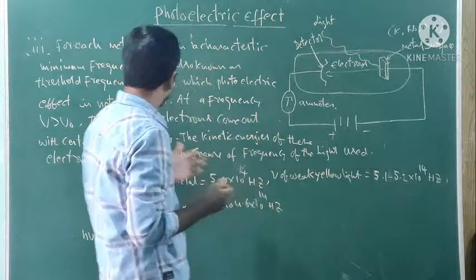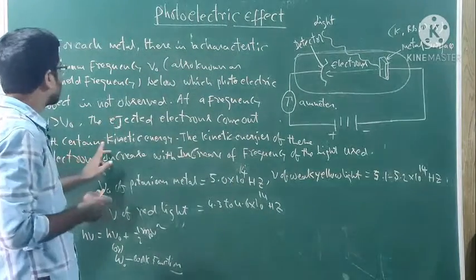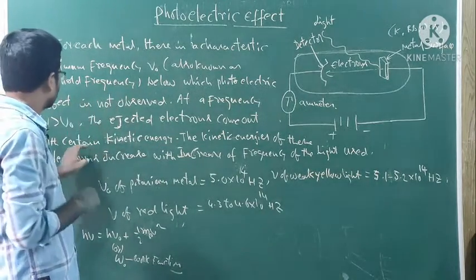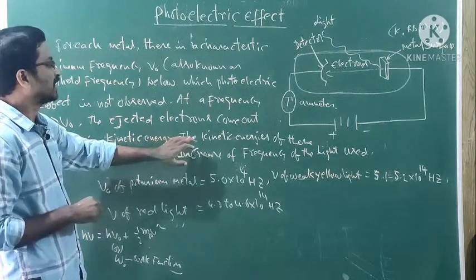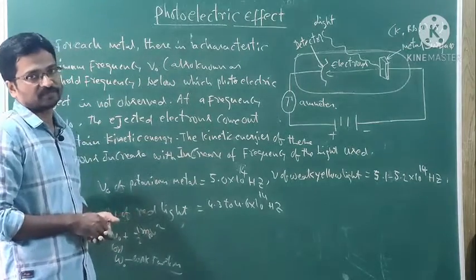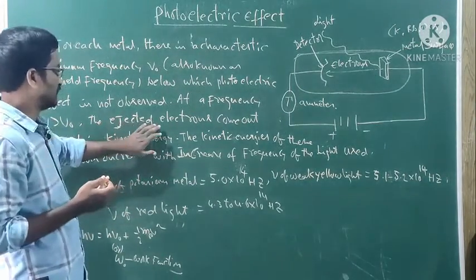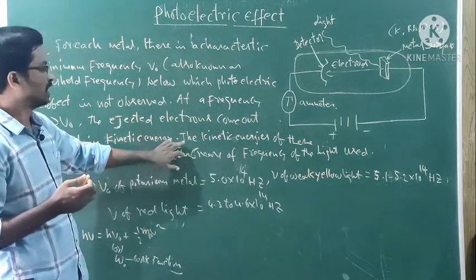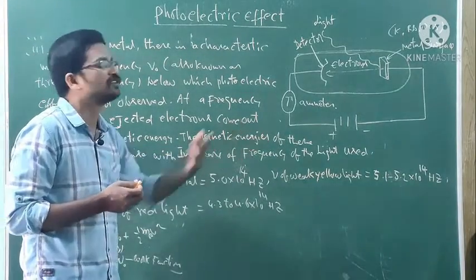This is the way it is represented here. The ejected electrons come out with certain kinetic energy. The kinetic energy of these electrons increases with the frequency of light used.